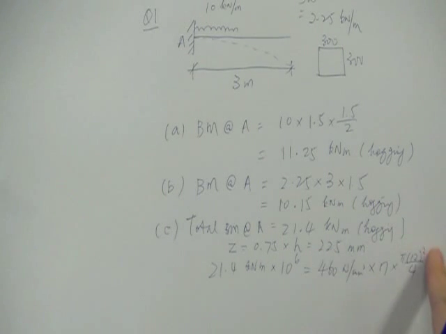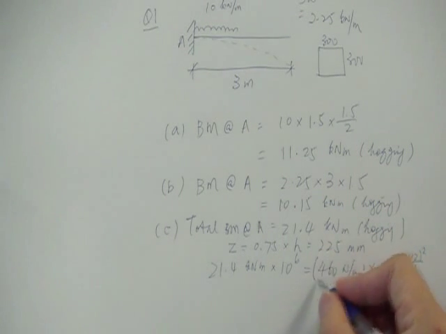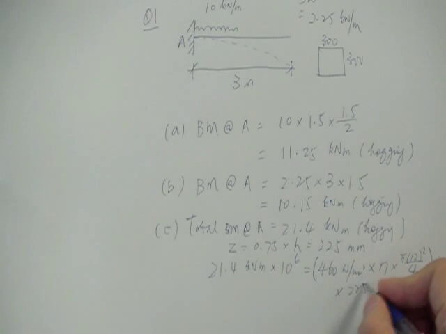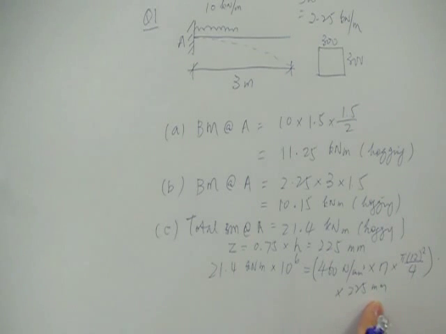Okay, so that whole thing will give you the total tension in the steel reinforcement, and that multiplied by the internal lever arm will give you the total moment, the bending moment on the left.